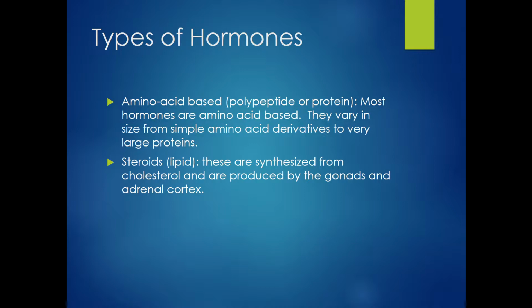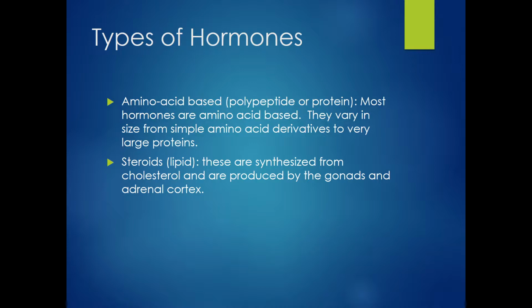No, aldosterone's a steroid hormone. Sorry about that. Growth hormone or whatever, all the other hormones. So most of the hormones are made either of amino acids or of many amino acids making up a protein. So you can see they're going to vary in size from very simple amino acid derivatives to very large proteins, extremely large proteins.